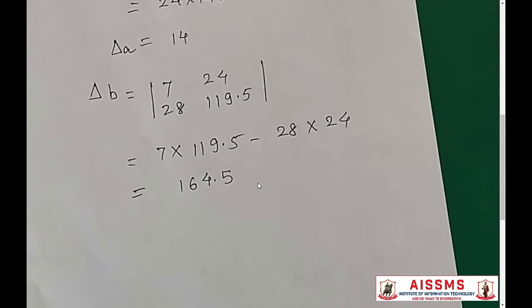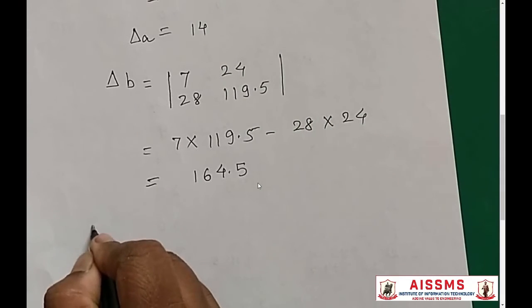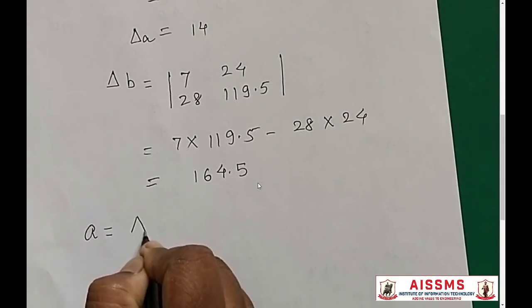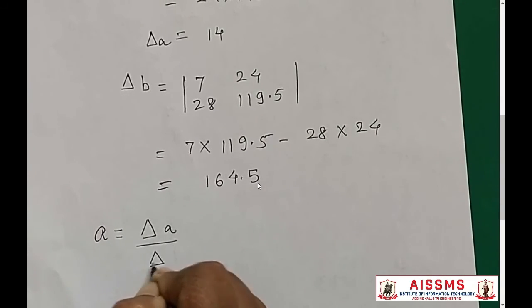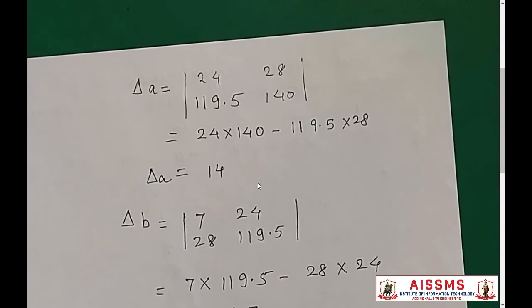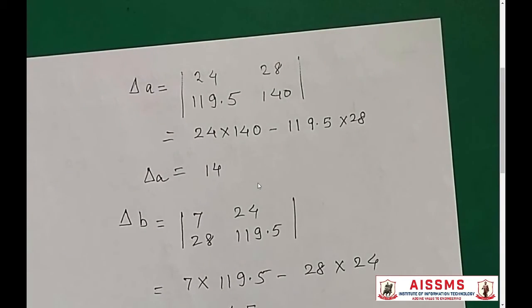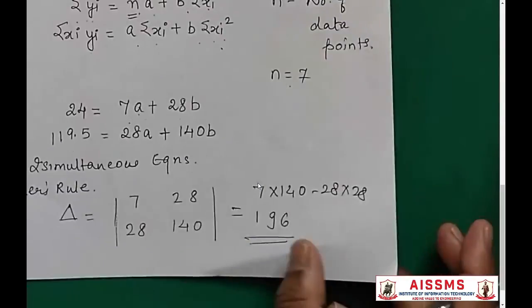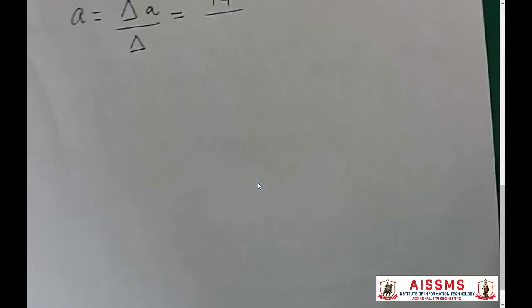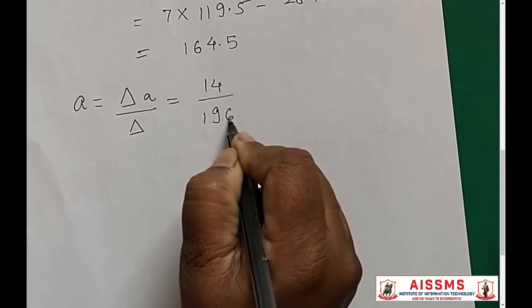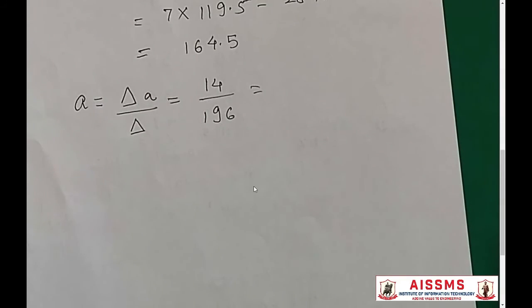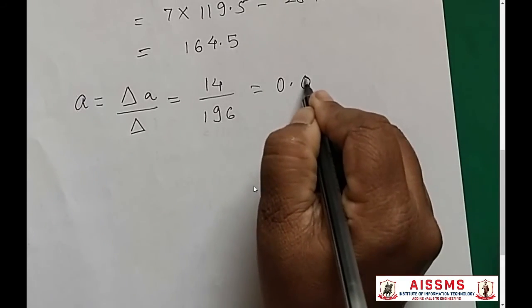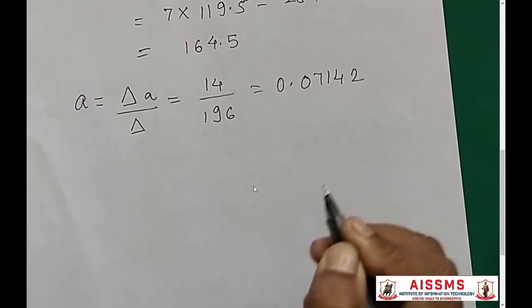Now to find out the value of a, you will do delta A upon delta. Your delta A is 14 and delta in our case is 196. So a comes out to be 0.07142.